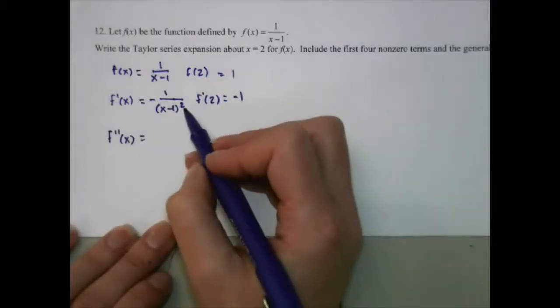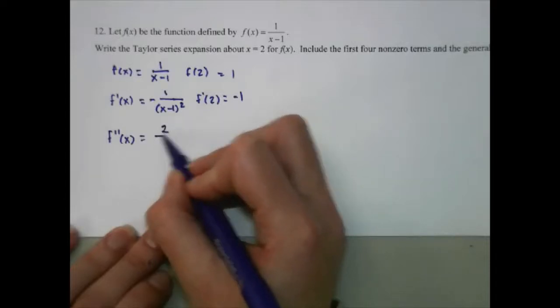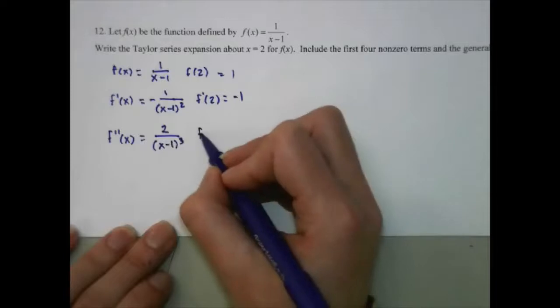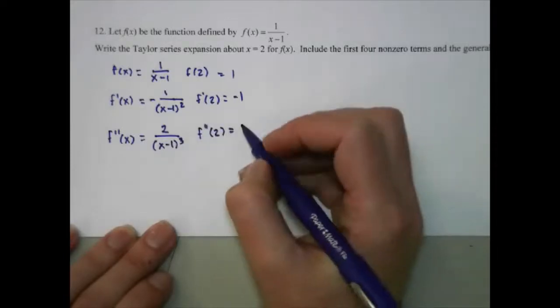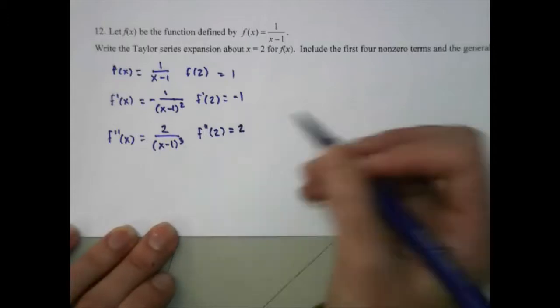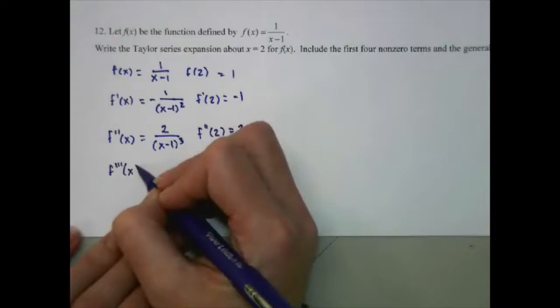Our second derivative, again, treat this like a negative 2, so this is going to be a positive 2 over x minus 1 cubed. So our second derivative at 2 is going to be 2, and we need one more to get to 4.